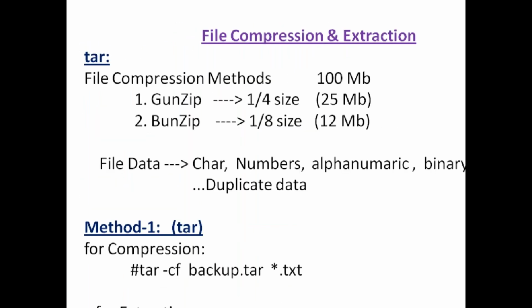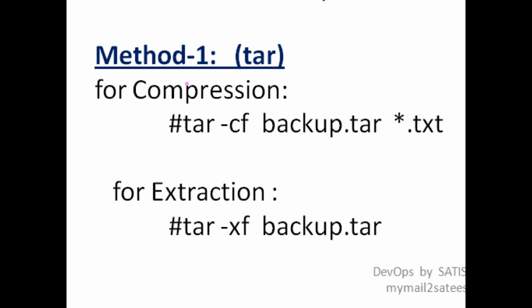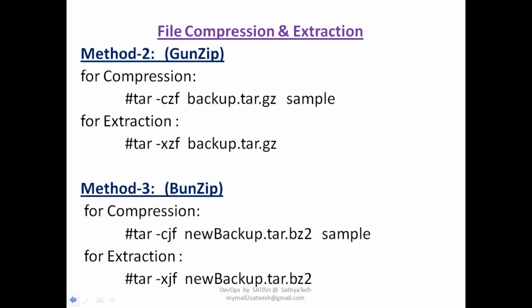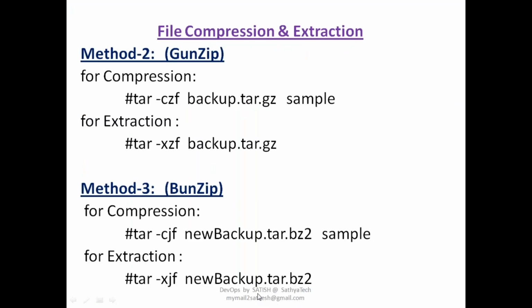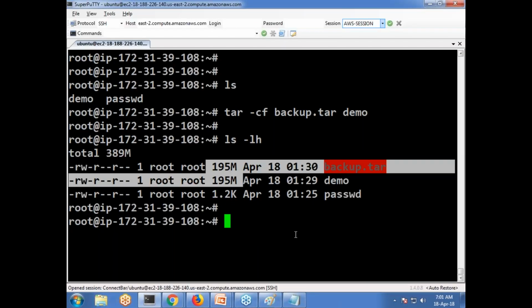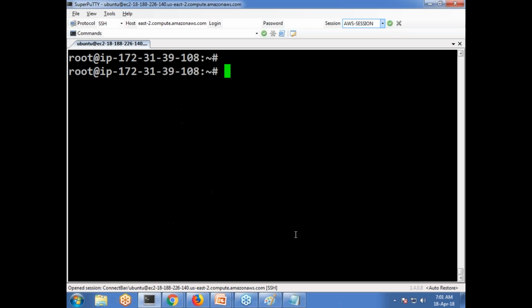We have seen the first method, -cf. Now let's go for the second one, -czf, then the file name. Tar -czf.